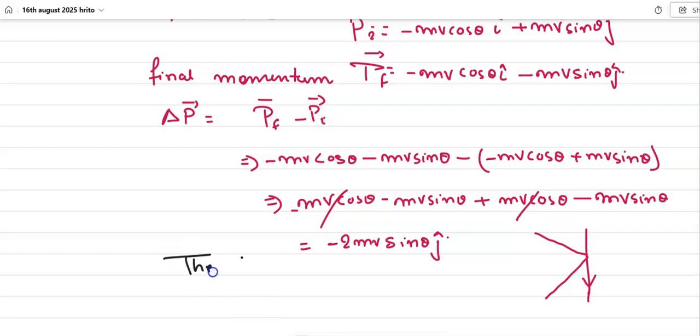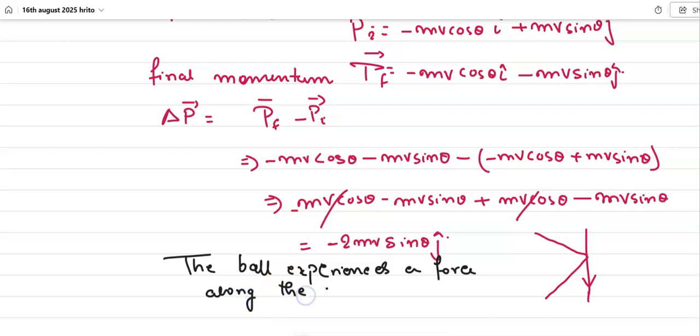The ball experiences a force along the negative y direction, right? So this is the situation.